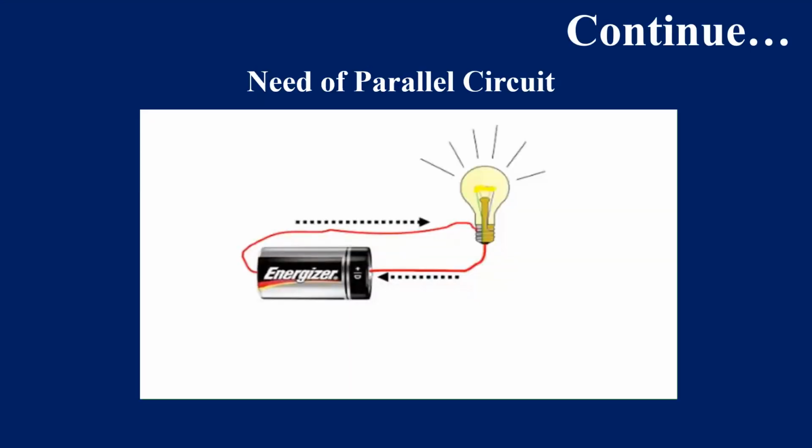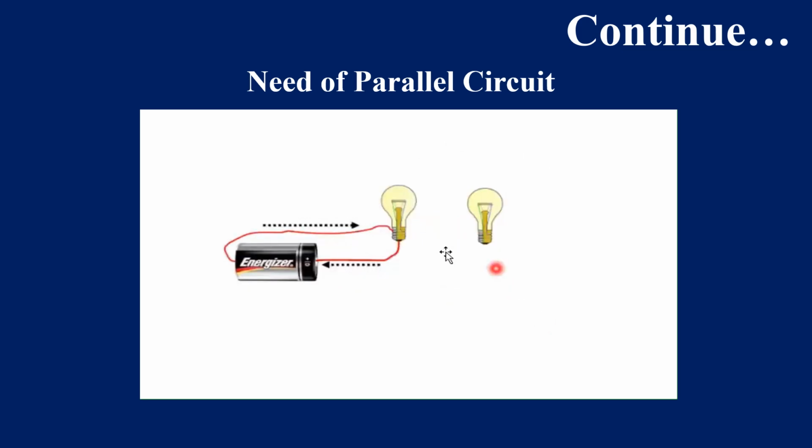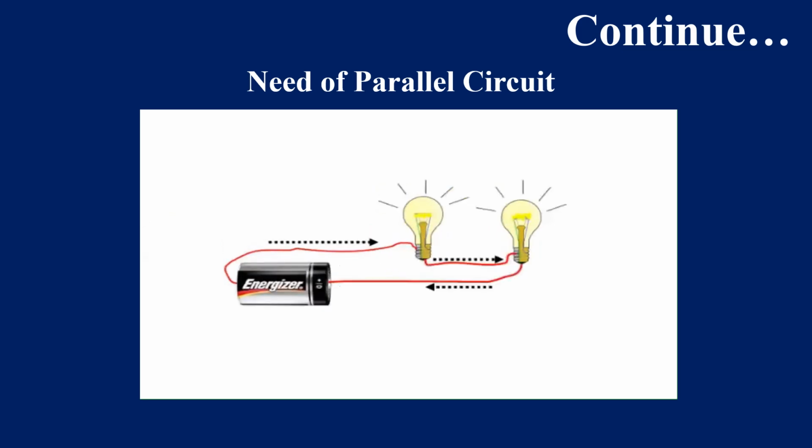A simple circuit has only one appliance, bulb or resistor, and only one path for the current flow. But if there is more than one appliance, then there are two different ways to connect them. If you have only one path for the flow of current, then this is a series circuit.